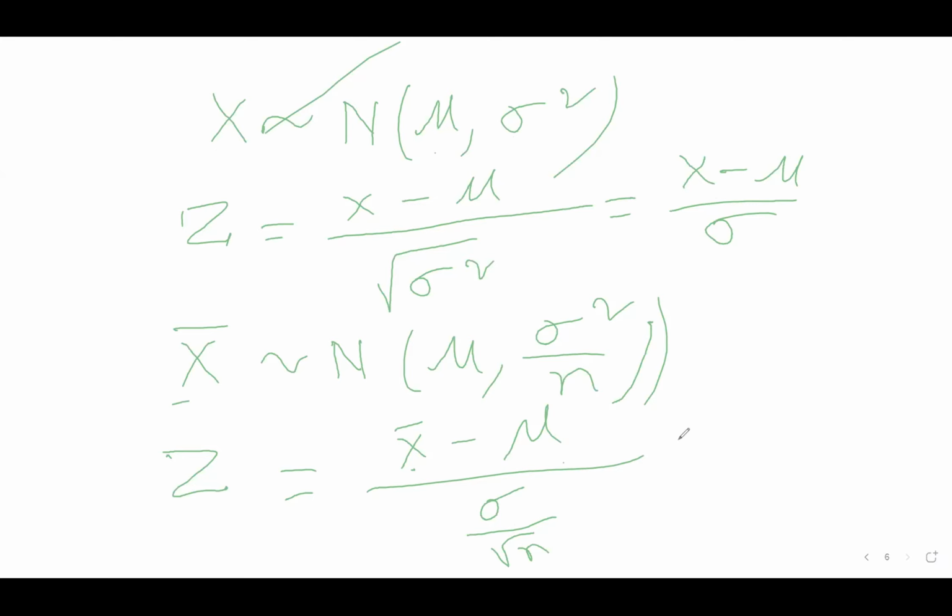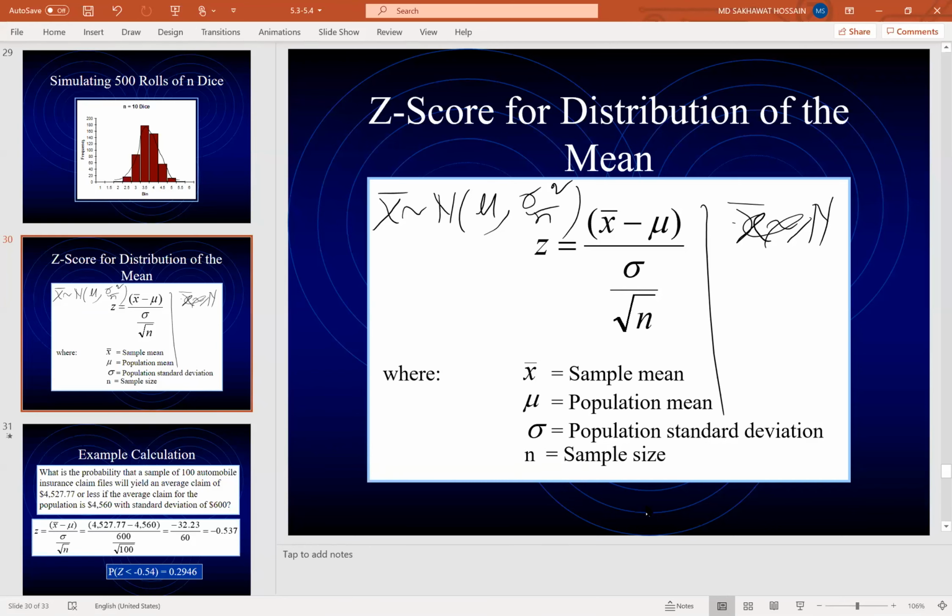So that's why we have this formula for the standard normal distribution for the sampling distribution for x bar. Is it clear now? Now you can see that we will be using this formula when calculating the standard normal distribution for x bar, where x bar is the sample mean, mu is the population mean, sigma is the population standard deviation, and n is the sample size.